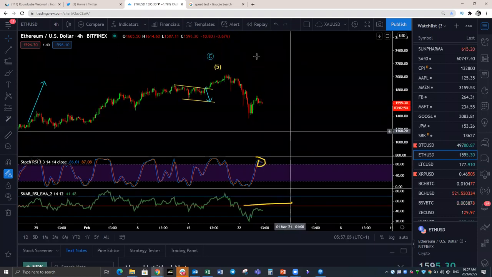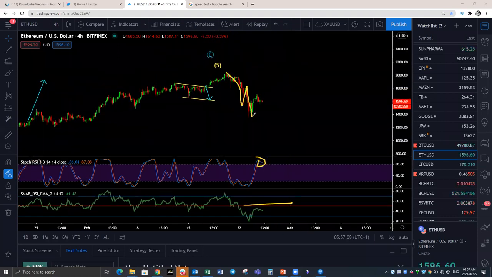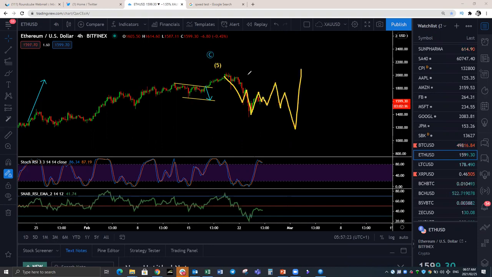We also looked at this to be a three-wave structure. 1, 2, and the 3. Is this an impulse that's going to result in this one resuming upside, or are we going to make a double here first? So double can come as follows: 1, 2, 3. This one becomes a three-wave, or this can be the three waves. We come back down. This will be a decent corrective structure for us to get another leg higher on Ethereum as well.